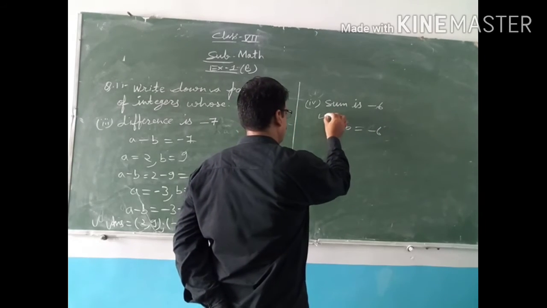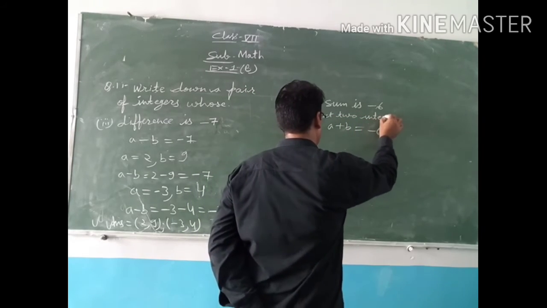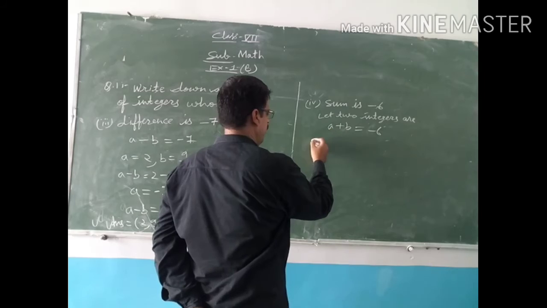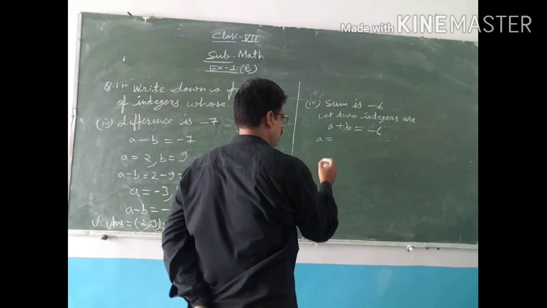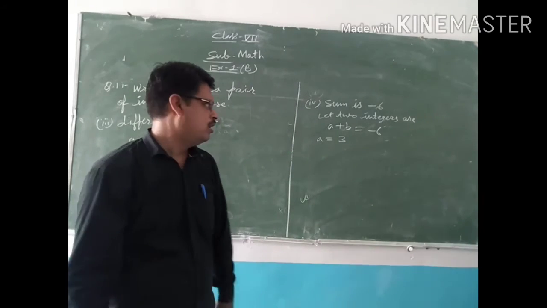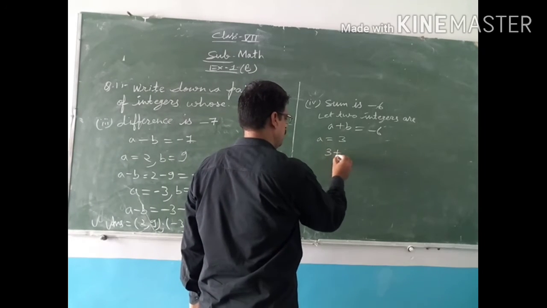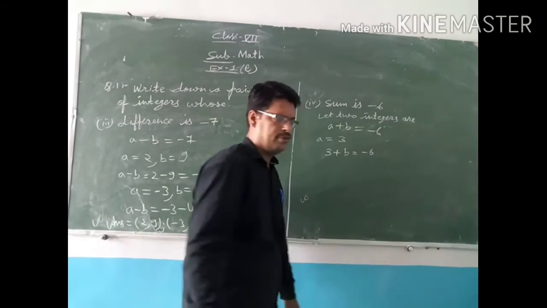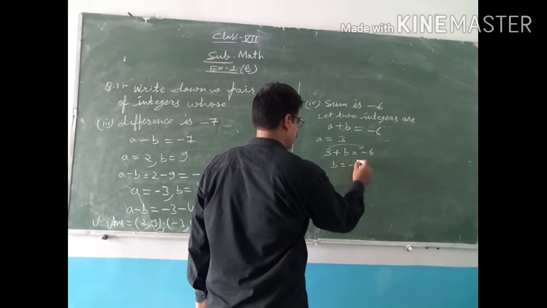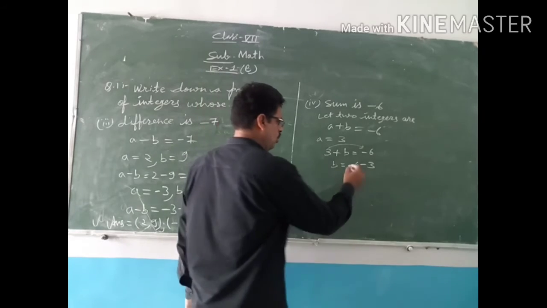Let the two integers be a and b. a value suppose we take 3. Now another value we don't know. So what we have to do? Put the value of a as 3, 3 plus b is equal to minus 6. Now by transposing, plus 3 will move to the right hand side. So b is equal to minus 6 plus 3 will go and it will convert into minus 3.